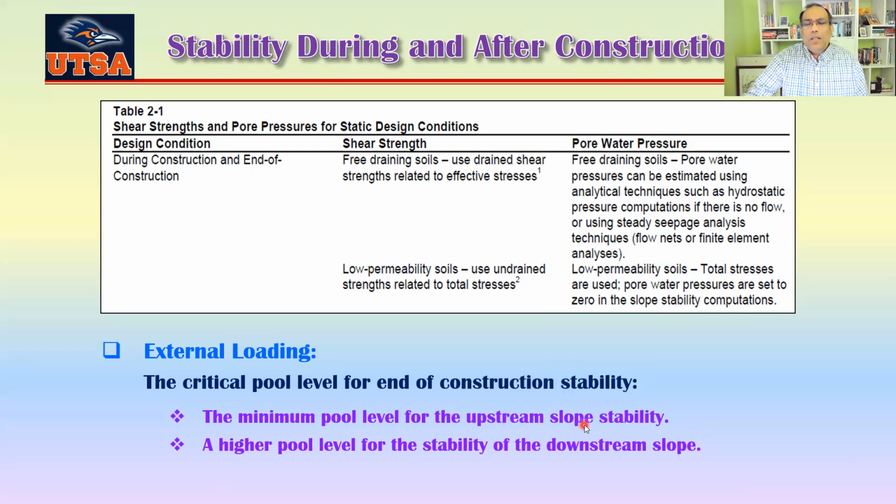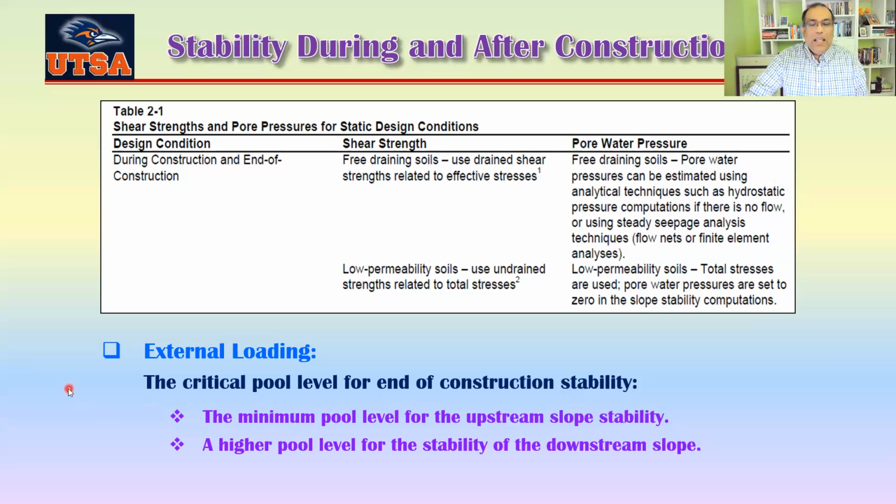Because water also creates some pressure on the soil, so it doesn't fail in the short term. If your water level is low, then this force goes down, so you have the maximum chance of failure when the pool level is minimum for short term.